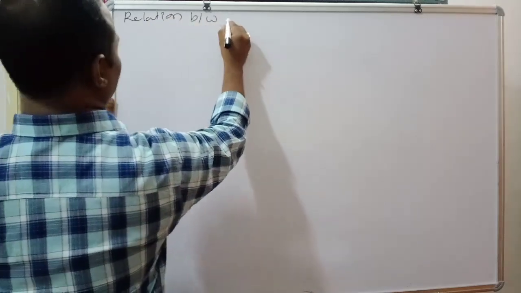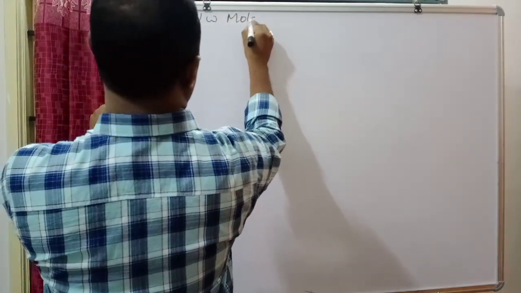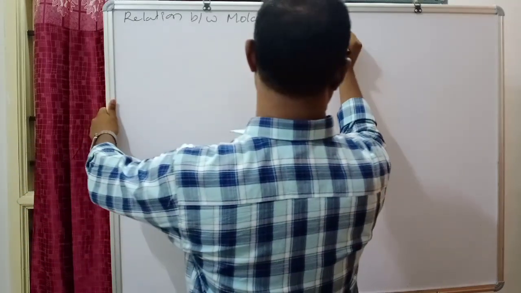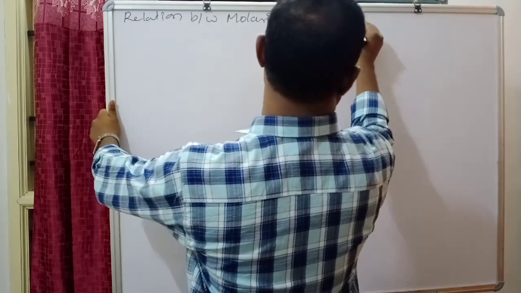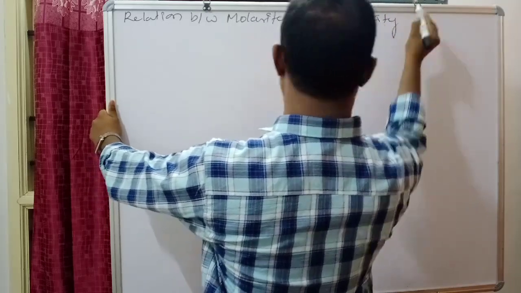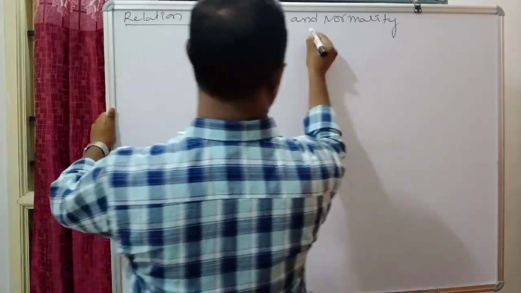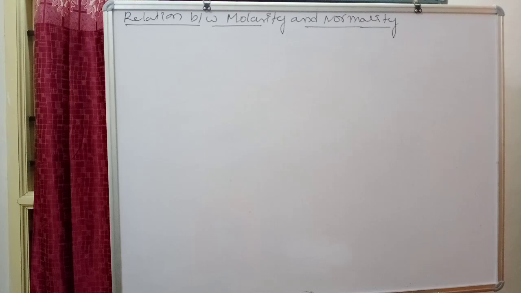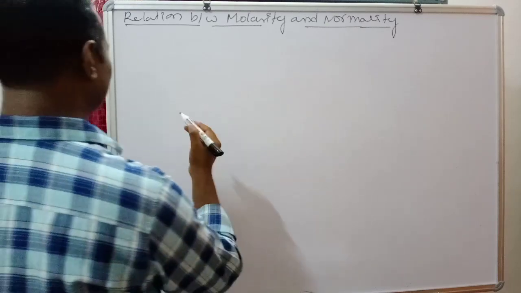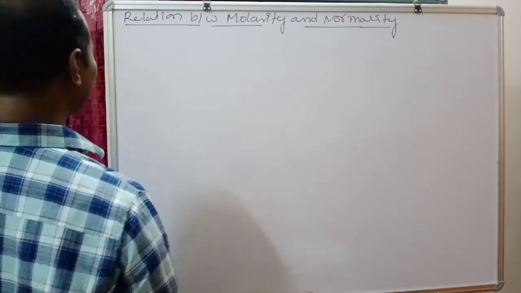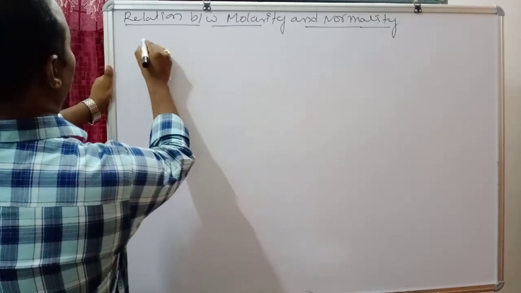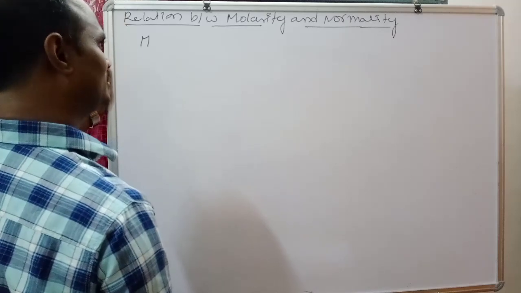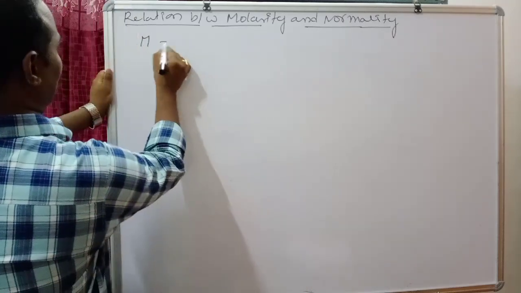Relation between molarity and normality. First you have to see, in molarity, the number of moles of solute present in 1 liter solution.